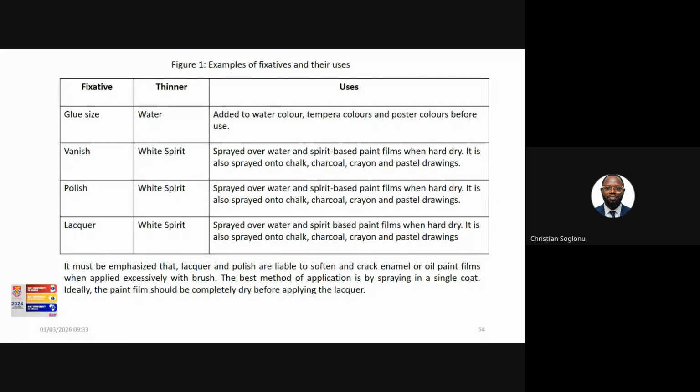Lacquer. The thinner for lacquer is also white spirit, the normal spirit, sprayed over water and spirit-based paint film when hard and dry. It is also sprayed over chalk, charcoal, and pastel drawings.